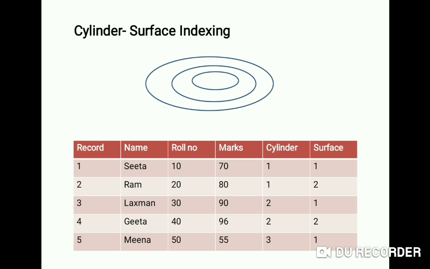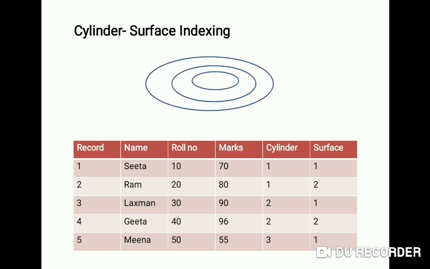So the file must be sequentially ordered by something. Some column should be sequentially ordered, and in a sequentially ordered file, the physical sequence of the records is ordered by the key, some key. So that key is called as primary key. So in the table which you can observe on the slide, roll numbers are arranged sequentially, and roll number can be considered as primary key for the particular table.